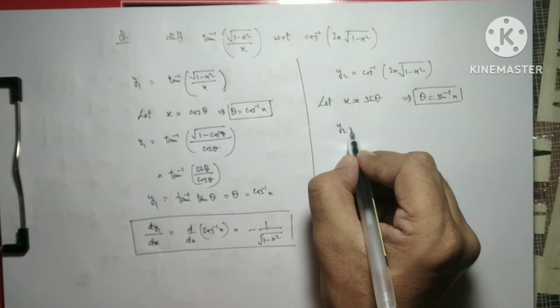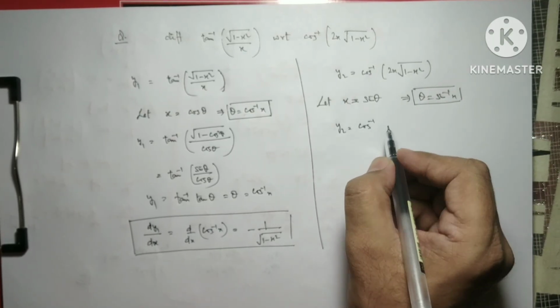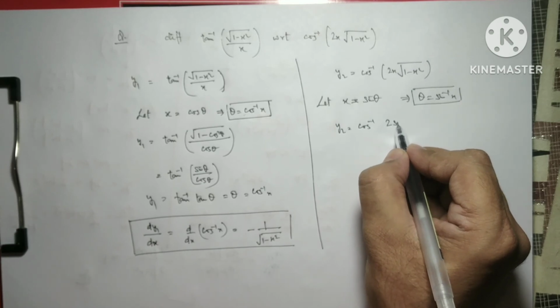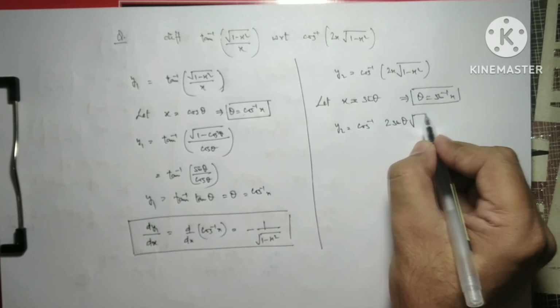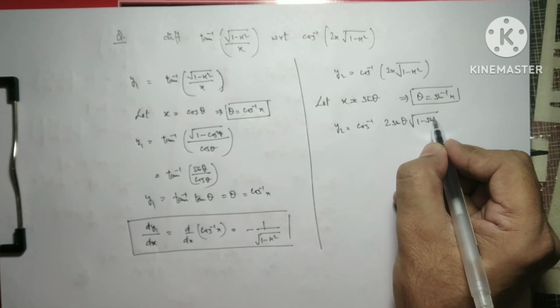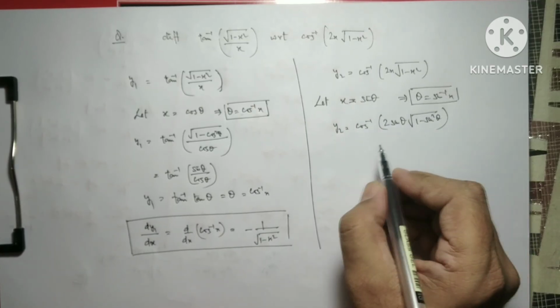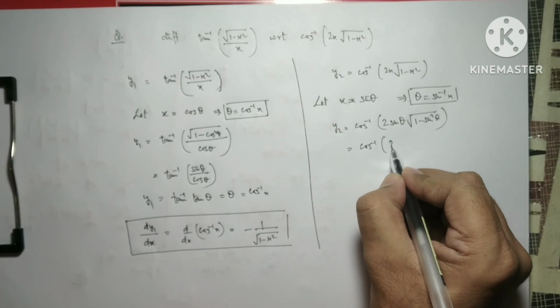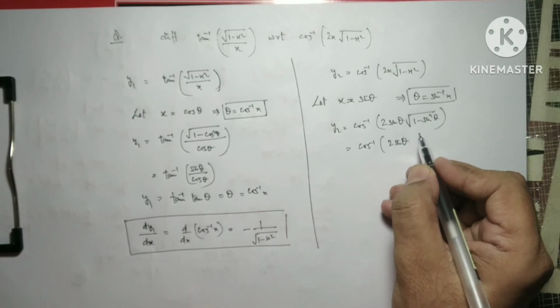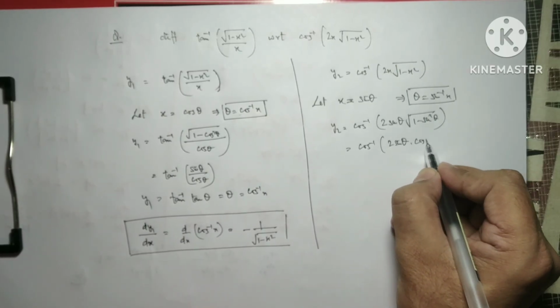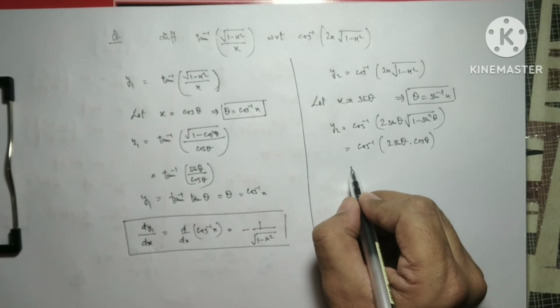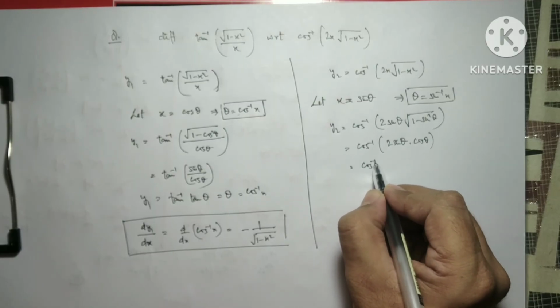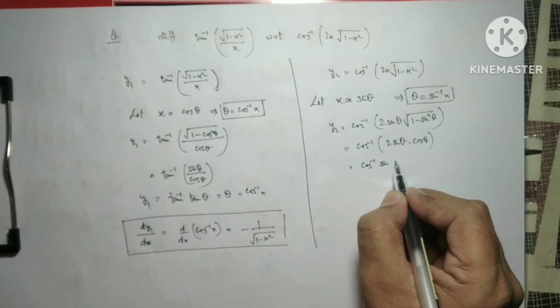So y2 is cos inverse 2 sin theta under root 1 minus sin square theta. That is cos inverse 2 sin theta, and this is the cos theta. So it means sin 2 theta is the formula. So cos inverse sin 2 theta.